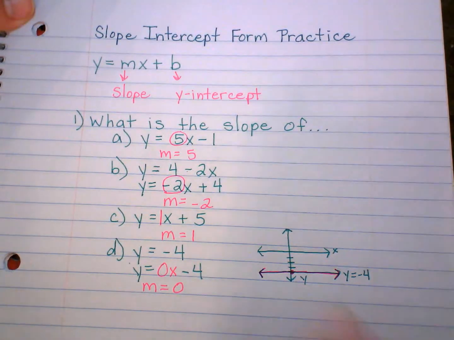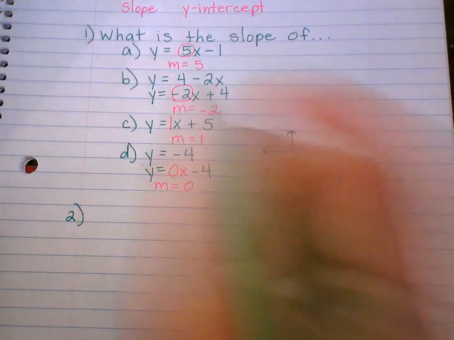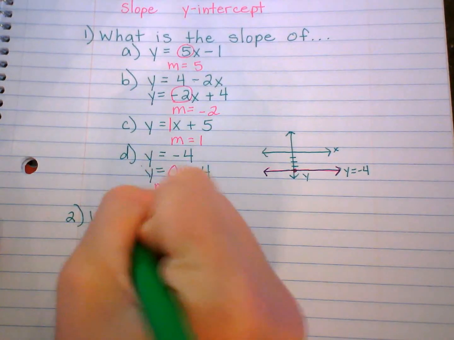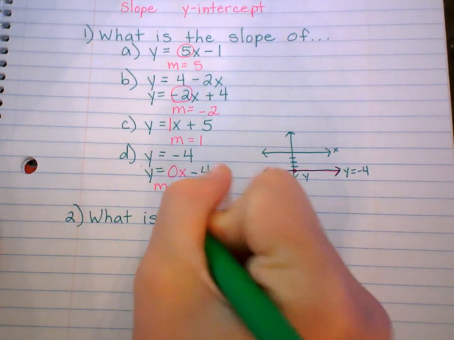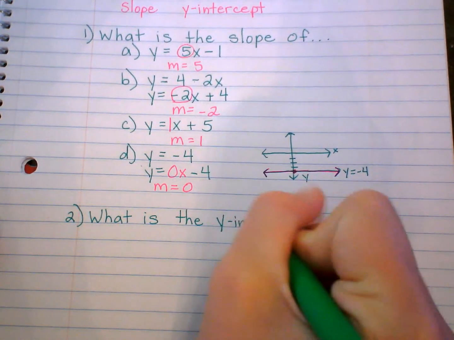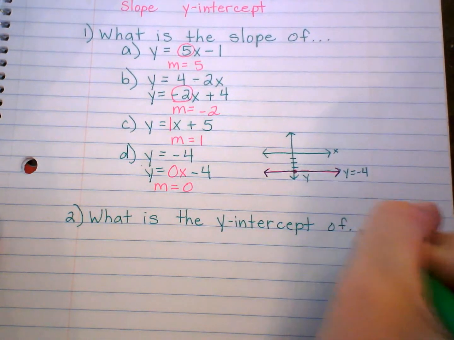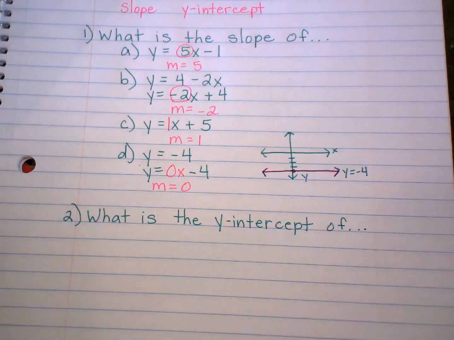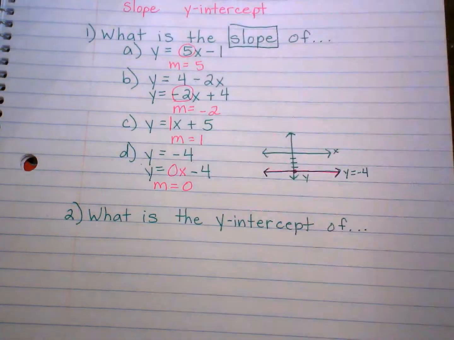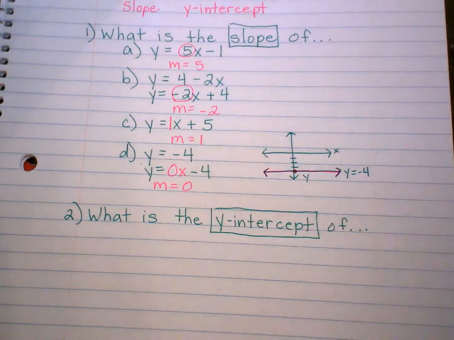Okay, so the next type of problem I want to do is, what is the y-intercept of... So now instead of finding the slope when given an equation, we're going to find the y-intercept.